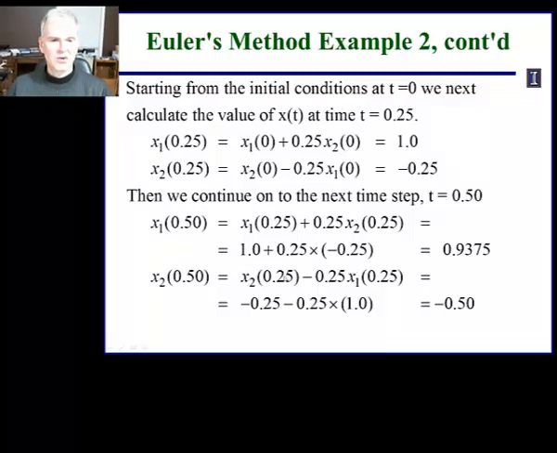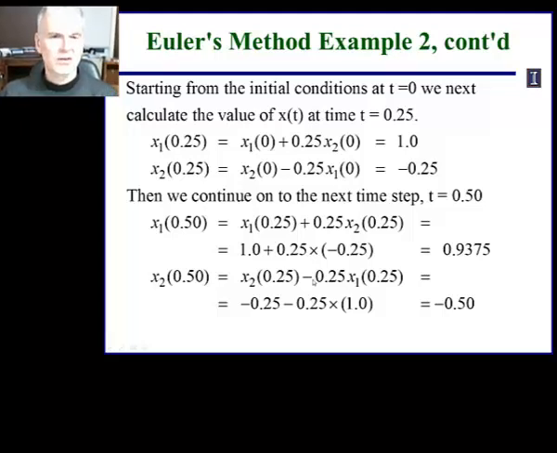We've got x2 at 0.25, plus delta t times this value right here. So we just substitute in there, and we get 1 again, so we're at minus 0.50.